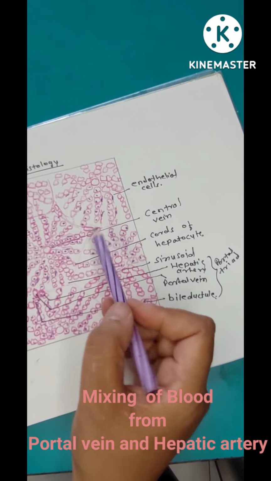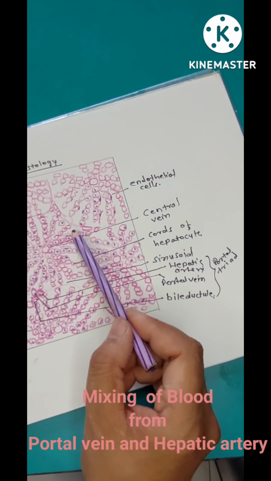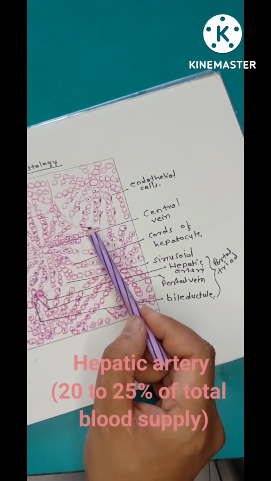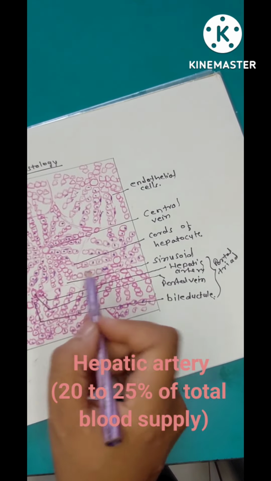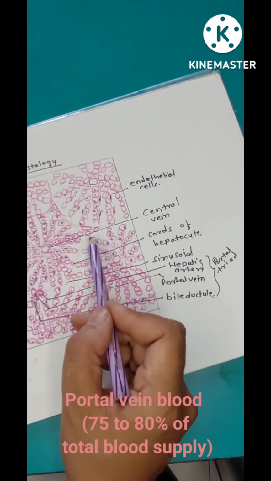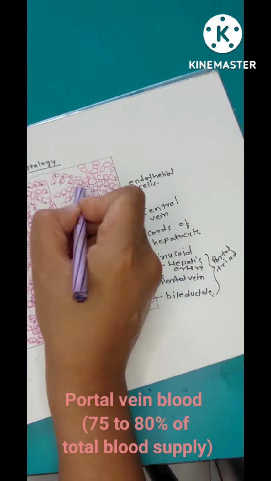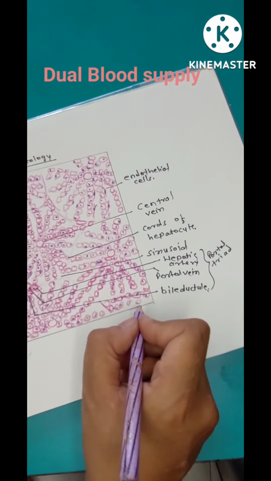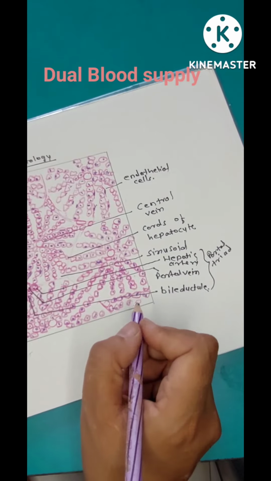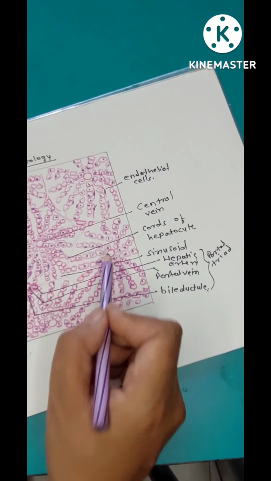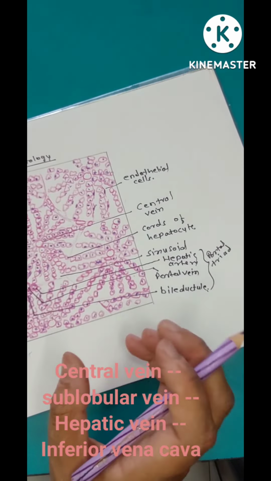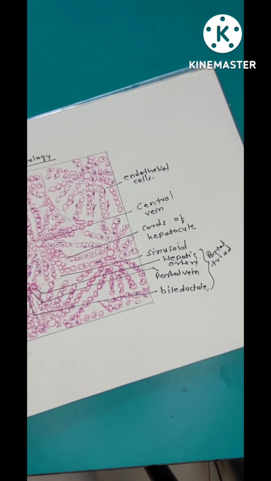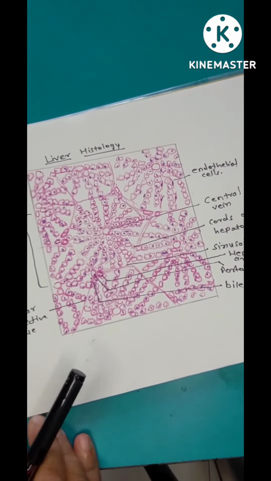In the sinusoid, there is mixing of the blood from hepatic artery, which is oxygenated blood, and portal vein, which is rich in nutrients. So liver has dual blood supply. Hepatic artery supplies oxygenated blood. The central veins later on unite to form hepatic vein, which ultimately drains into inferior vena cava. So this is how slide appears.